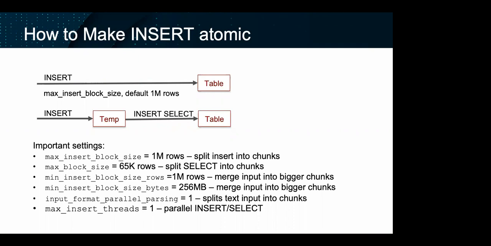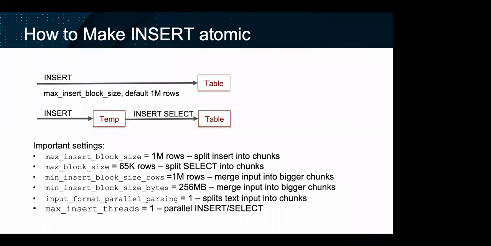So in order to insert bigger blocks and guarantee atomicity, you need to increase this block size. You can increase it to 10 million rows or more, but beware of memory. For atomicity, ClickHouse needs to put everything in memory first and then write to the table. So if you're trying to insert a billion rows in a single part, you probably don't have enough RAM for that.